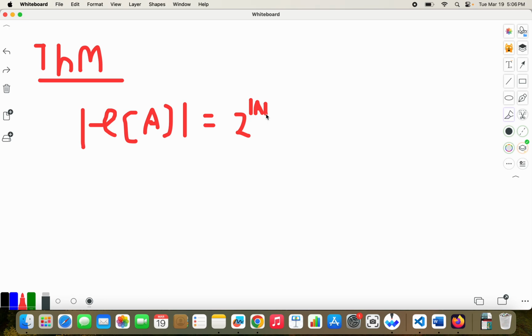So there was null, 1, which is 2, 2, which is 3, and 1 and 2, which is the 4th one. So there are already 4, which is pretty nice. And 2 to the 2, which was the amount of elements in 1 and 2, is 4.